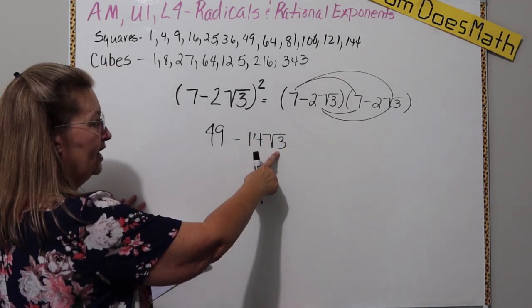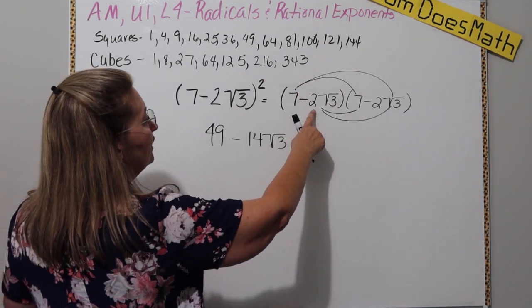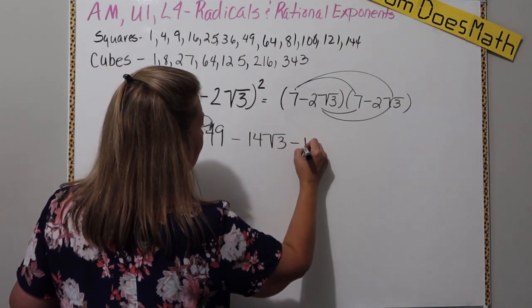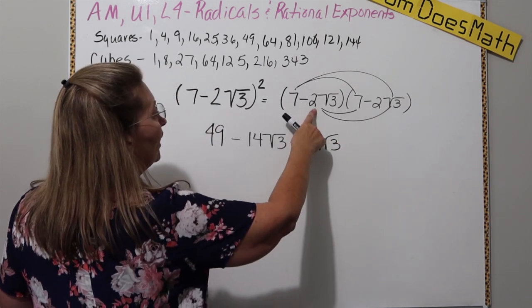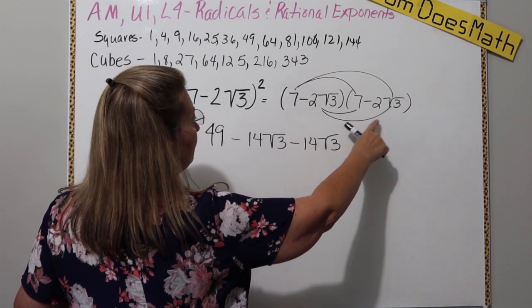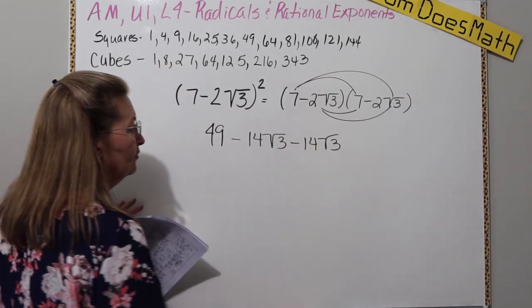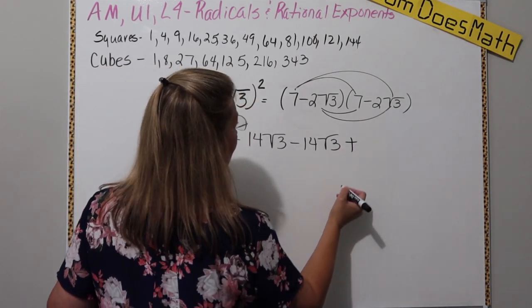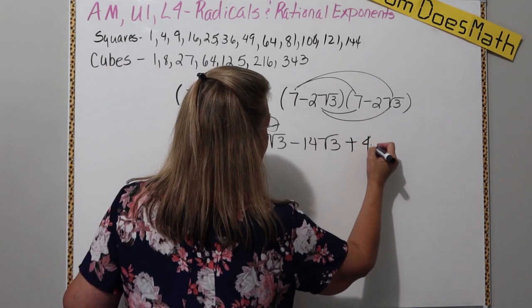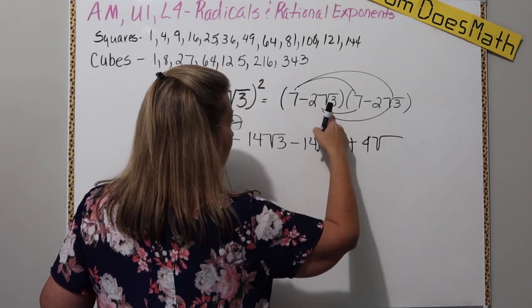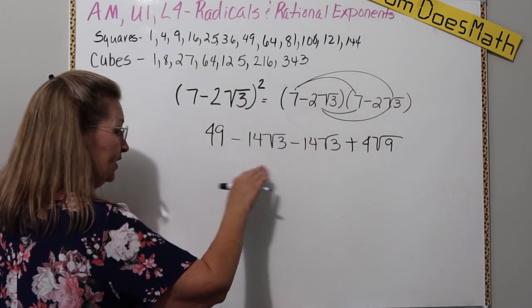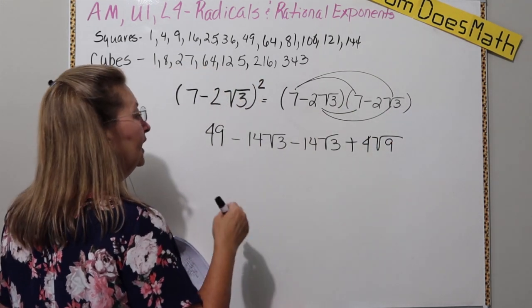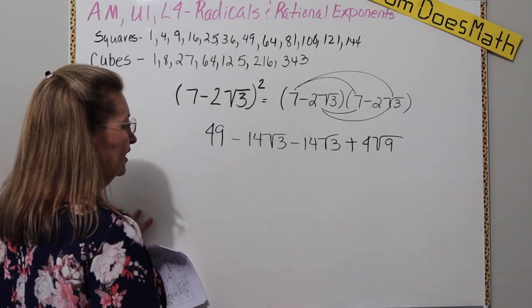The 3 can't change. Alright, negative 2 square root of 3 times 7 is another 14 square root of 3. Alright, when I multiply negative 2 square root of 3 times negative 2 square root of 3, first of all, it's going to become positive. 2 times 2 is 4, and square root of 3 times square root of 3 becomes 9. Now we need to go through here and simplify all the radicals if necessary.